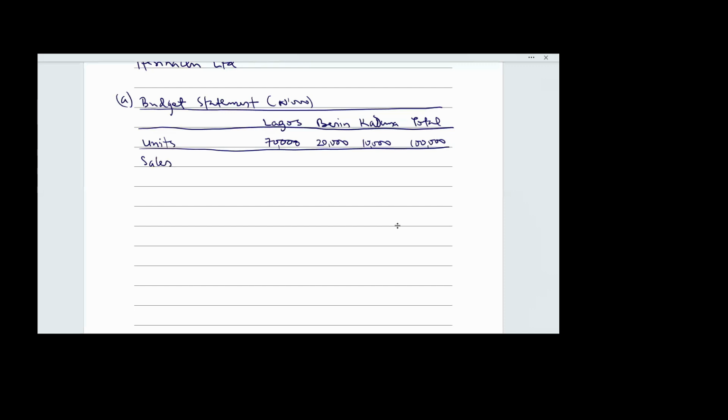Selling price per unit is 20 naira. Therefore, 20 multiplied by 70,000 will give me 1,400. Remember, our figures are in thousands. 20 multiplied by 20 will give us 400. 20 multiplied by 10 will give us 200. When you add everything together, that's 2,000. So I've accounted for the sales.